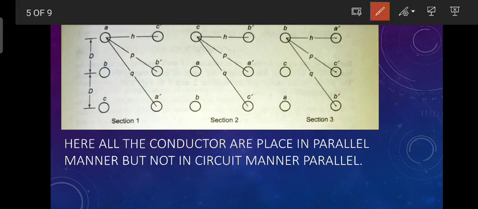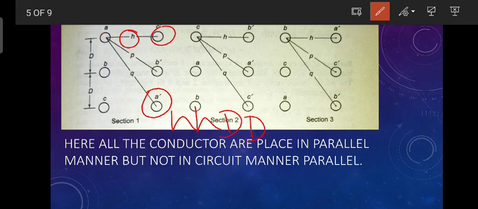Let me erase first. D_CA: here the distance C to A is H, and that A to C is also H. And then A dash to C, what is the distance? D. And then again C to A dash, what is the distance?